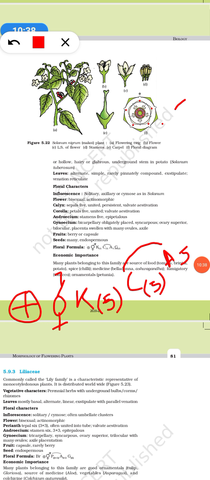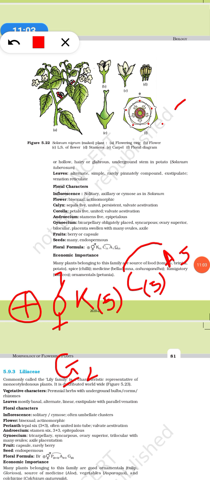Okay. And what about the gynoecium? Gynoecium, it is bicarpellary, obliquely placed. Obliquely means in an axis, corner-wise it is placed. Syncarpous, ovary superior. So there is a dash over here. Bilocular, there are 2 locules.